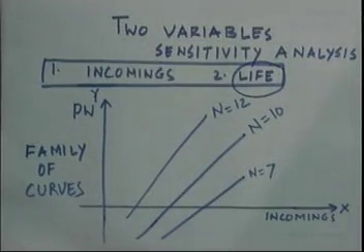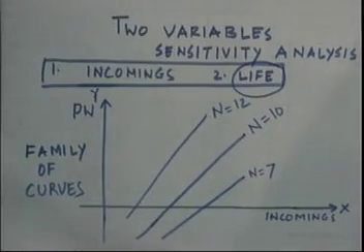So that again will give you the family of curves involving life and salvage value. So this is one way of showing the changes in two variables at a time.